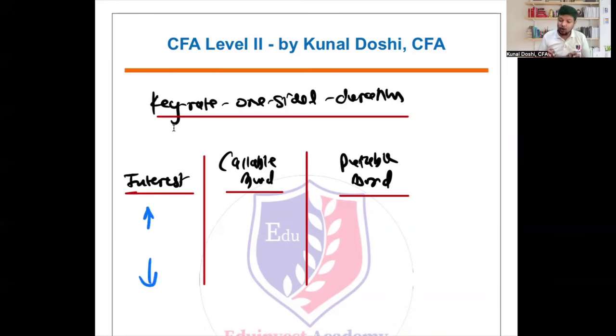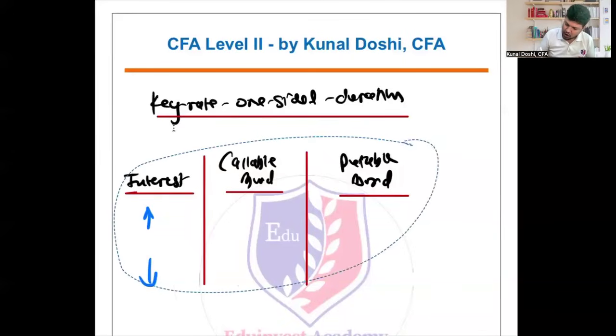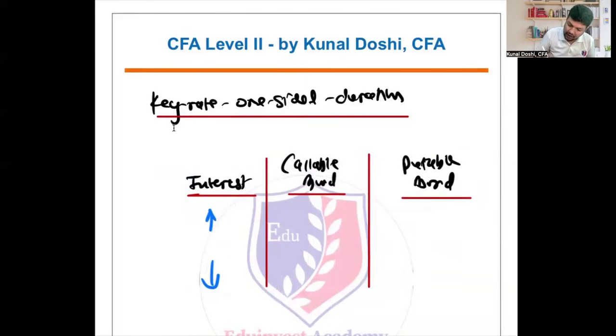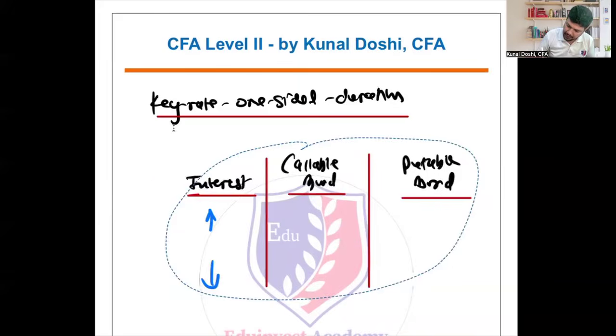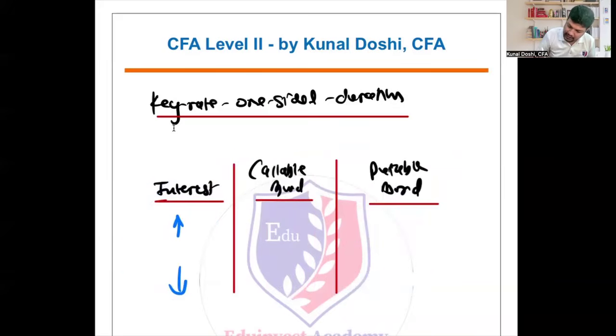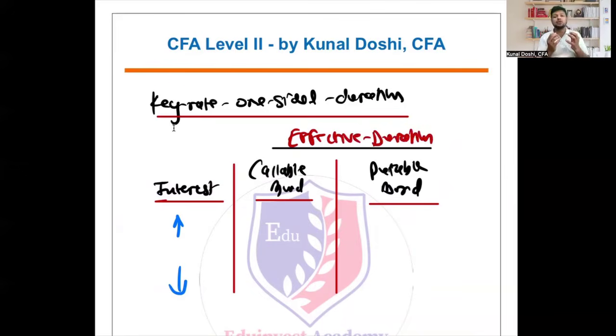So if the interest rate goes up, whose chances of exercising are higher? What will be the effect on effective duration? So basically, this is what I'm writing: what will happen to effective duration if the interest rate goes up or down.